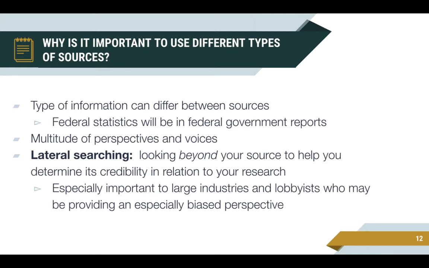So an example of this would be if you're looking at an article from a large industry or a lobbyist, they may be providing a biased perspective that will serve their interests. And it's important to look to other types of sources that might critique those sources that you're looking at. Therefore, you'll see a much more well-rounded picture of your topic.